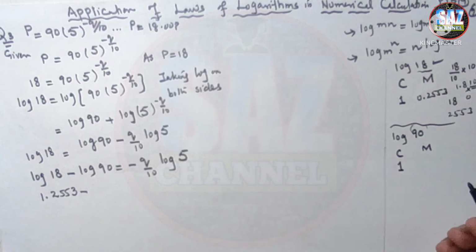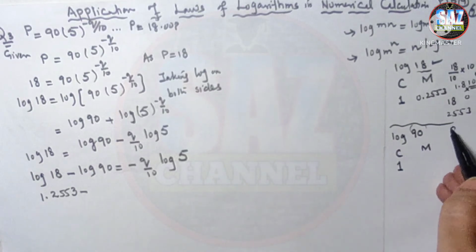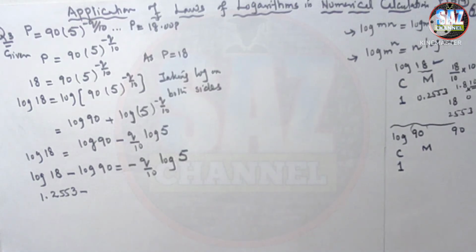I am going really slow so that these are the winding up lessons. Students can watch and understand all these lessons properly during their summer break, so that they can secure good marks in their examination. 90 has to be located in the column 0, and this is giving me 9542.